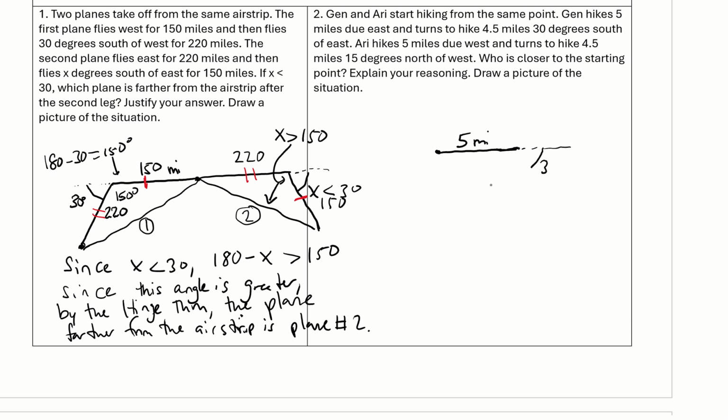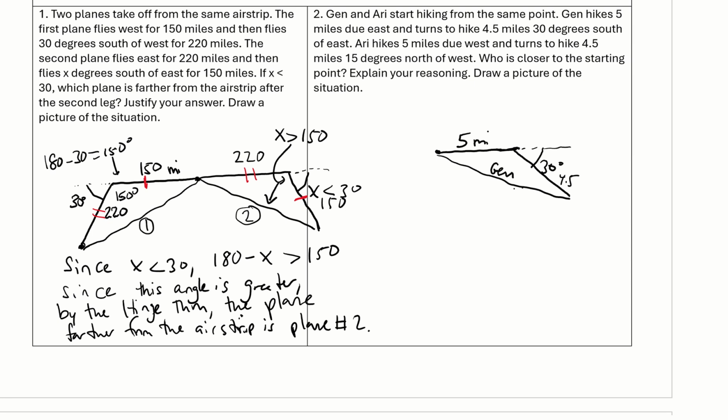So this is east, 30 degrees south of east, and that's 4.5 miles. And this is for Jen.